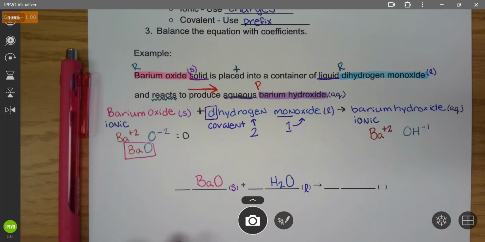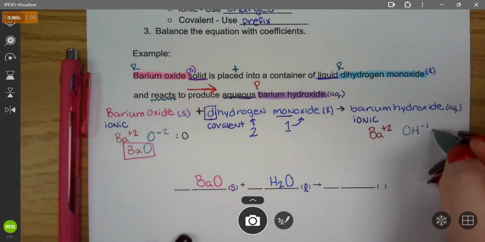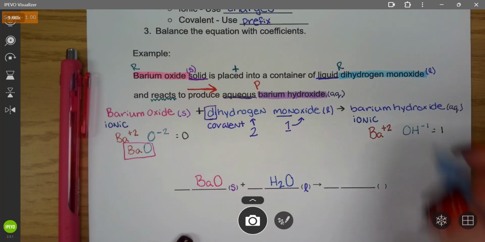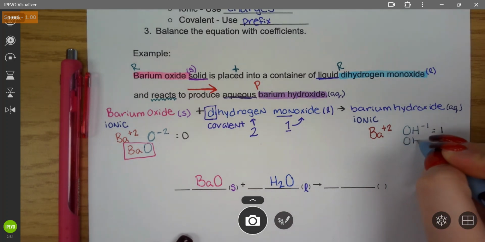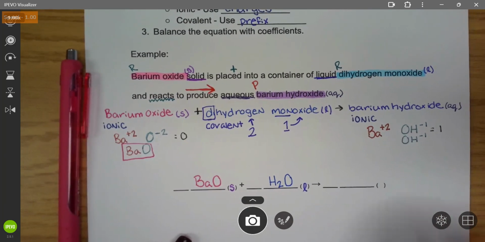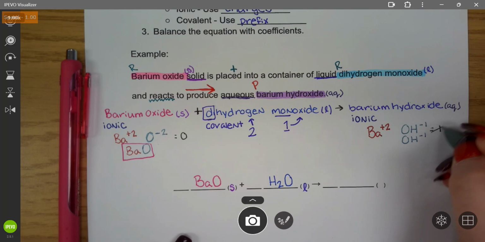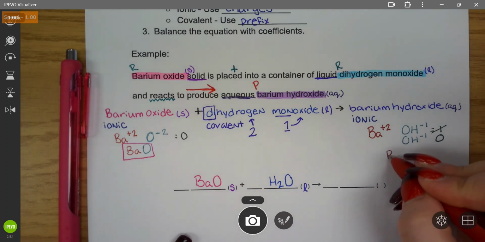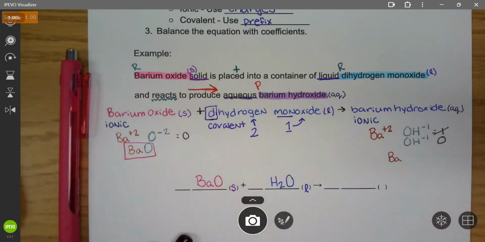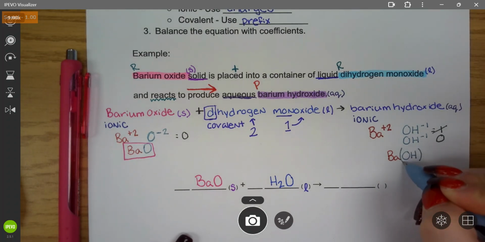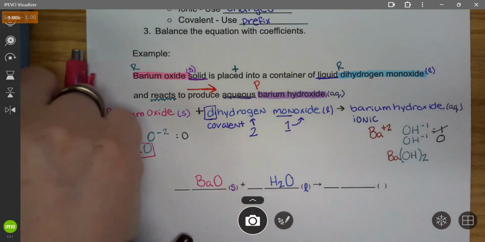Now remember, our goal is to get our charge to equal 0. Right now our charge equals 1. So in order to get the charge to equal 0, we need to have another OH included. That will change our charge, so it's no longer equal to 1, it's equal to 0. So the formula for this compound is Ba(OH)2, and the OH is in parentheses because there are 2 of them.